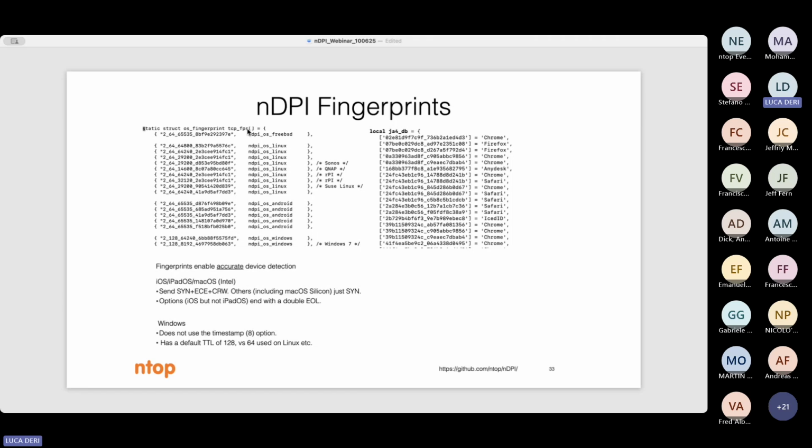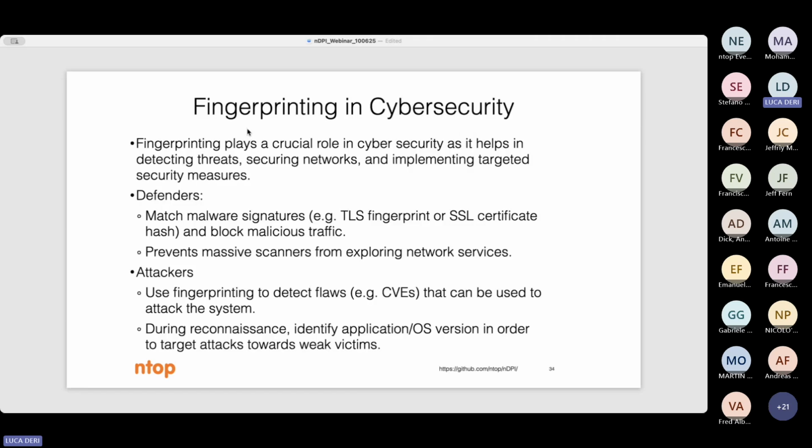For instance, for detecting a situation such as a hotspot. Okay, if you have a hotspot, you will probably see multiple operating systems, or multiple fingerprints, with the same IP address, even though there are other means, such as the TTL. So thanks to fingerprints, we can detect some operating systems, for instance, or we can also work at an upper layer for detecting fingerprints of applications.